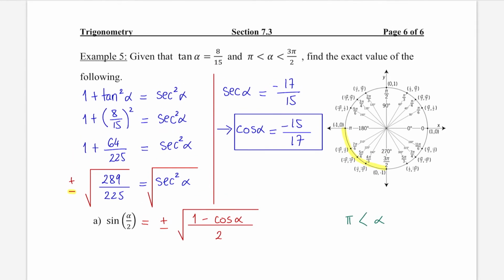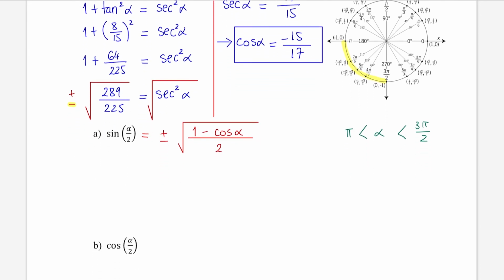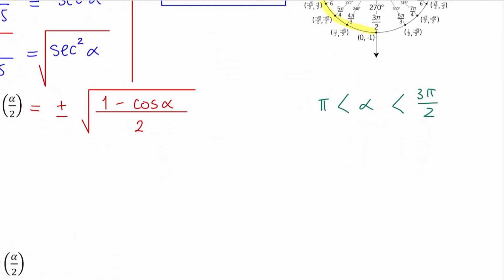I know that alpha is in between pi and 3 pi over 2. For easier calculation, I'll convert these into degrees. Pi is equivalent to 180 degrees, and 3 pi over 2 is equivalent to 270 degrees. So I know alpha is in between 180 and 270.